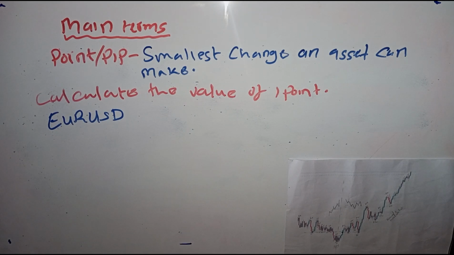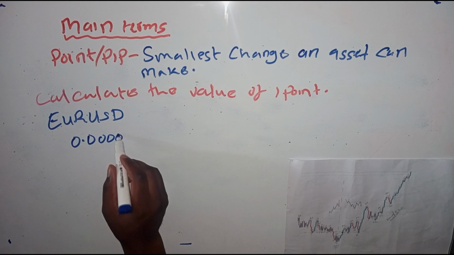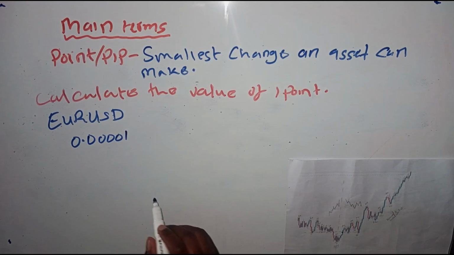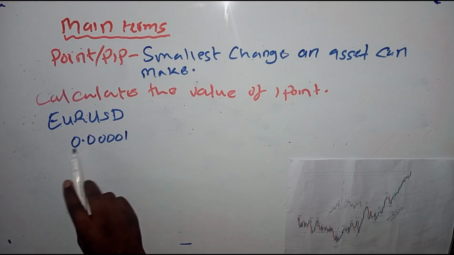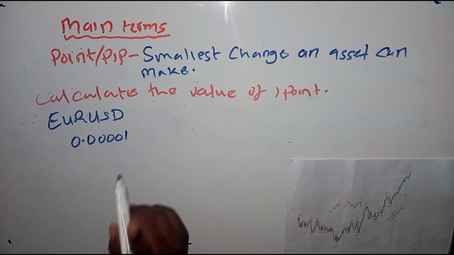For the Euro USD we use 5 decimal places, so a point is 0.00001. That's 1 pip, that's 1 point.